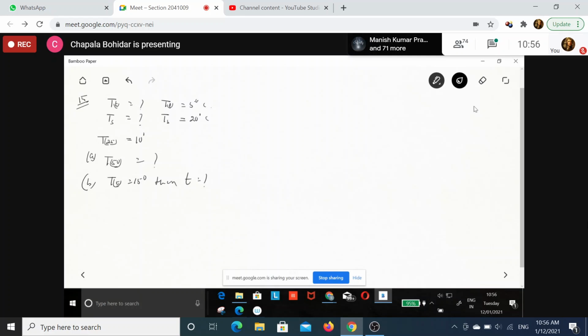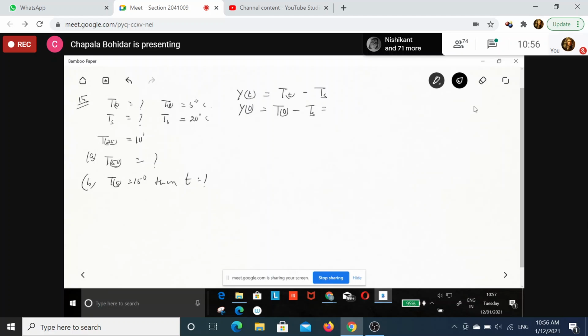So here, first, y(t) is equal to, because we have to solve according to the solution of our differential equation, y(t) is equal to T(t) minus Ts. y(0) is equal to T(0) minus Ts.